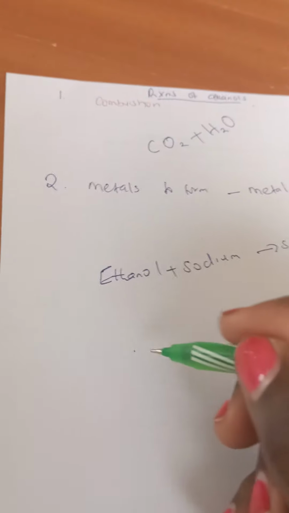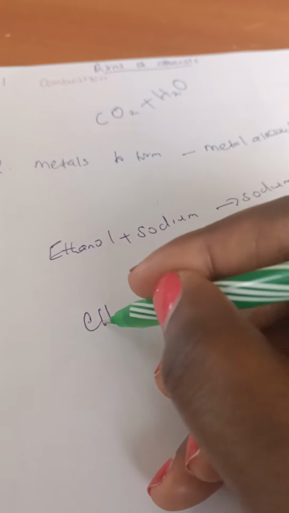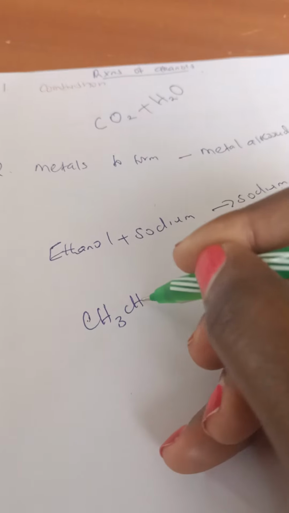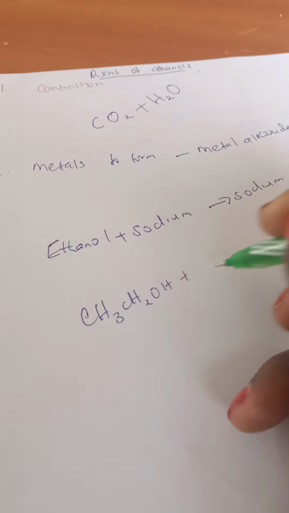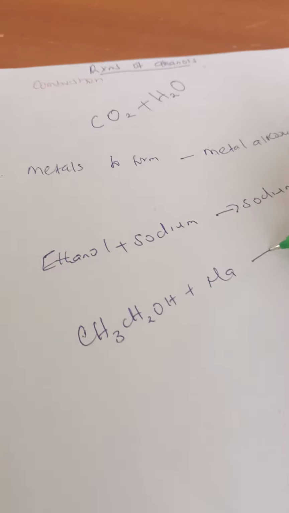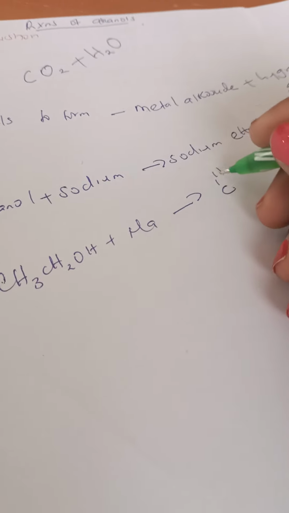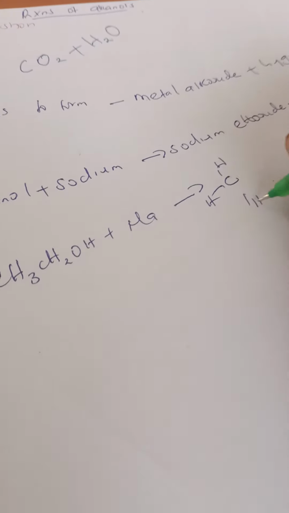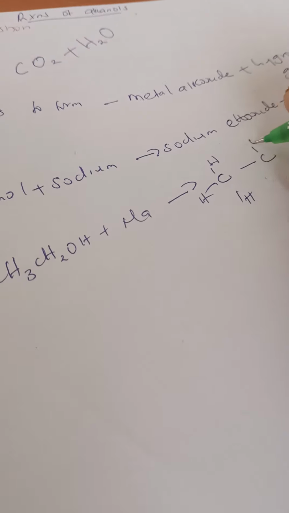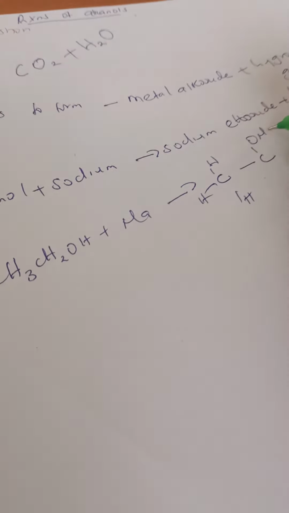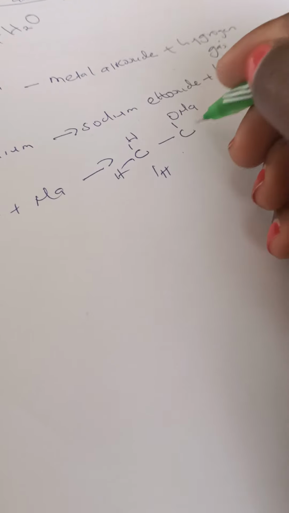And the chemical formula: ethanol is CH3CH2OH plus sodium. The H of the OH is replaced by sodium, and it forms an atom of hydrogen.